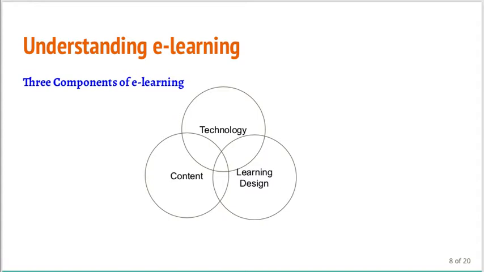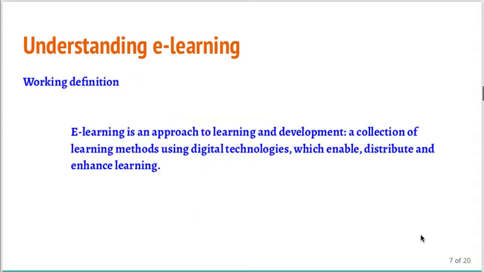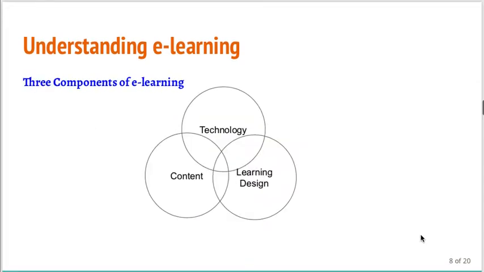Keep it in mind: any e-content that you develop should combine technology for delivery, as mentioned in the working definition to enable, distribute, and enhance learning, meaningful content, and effective learning design.